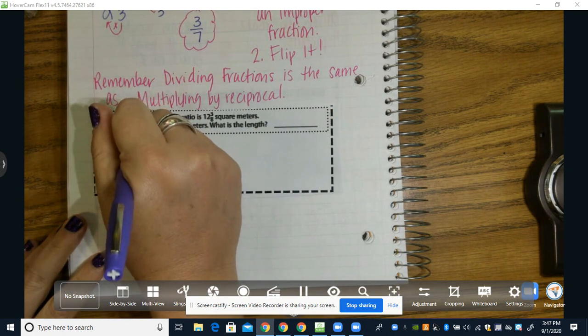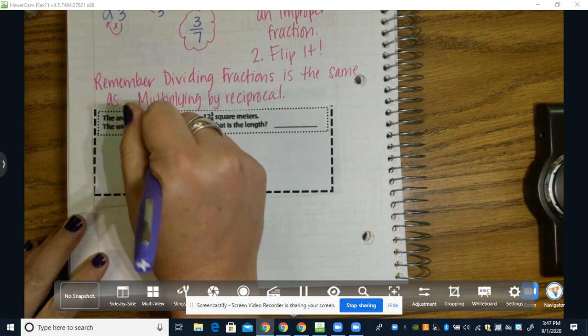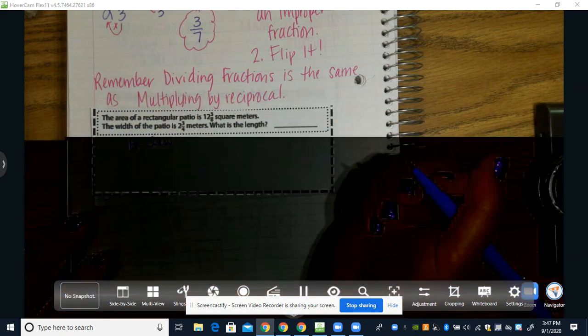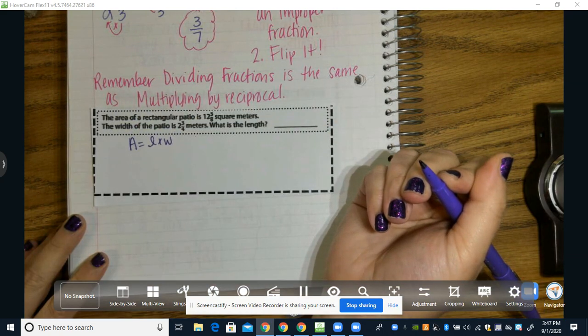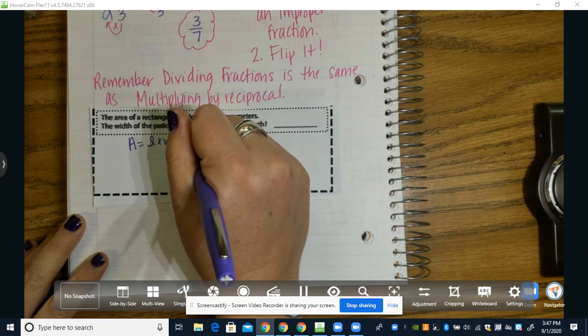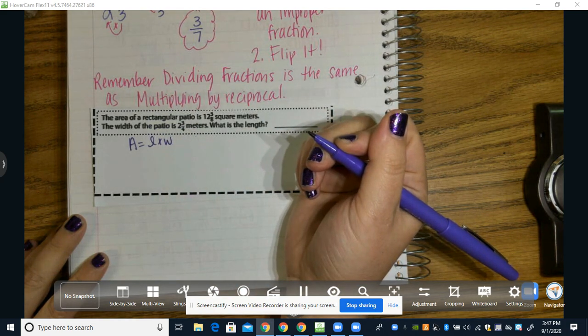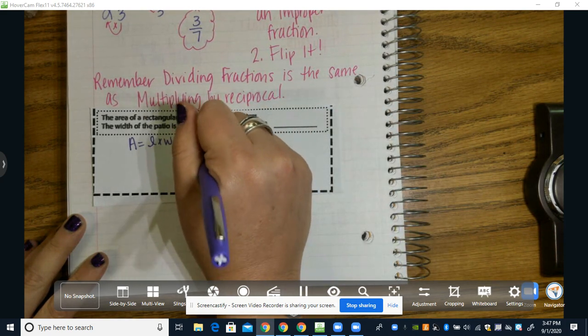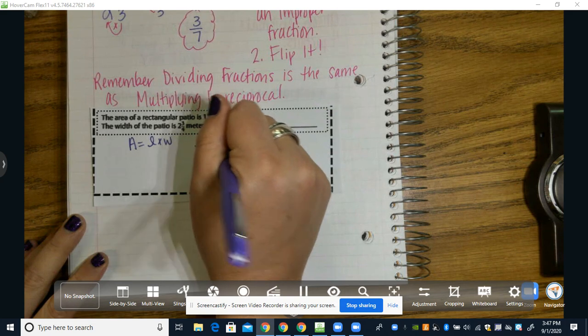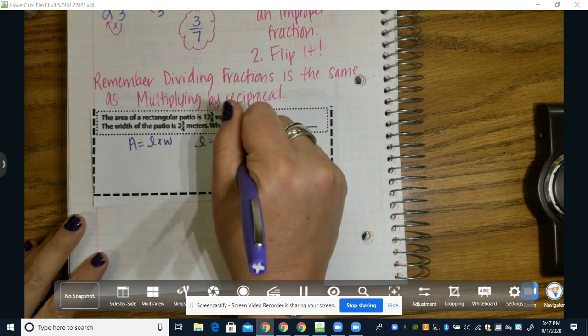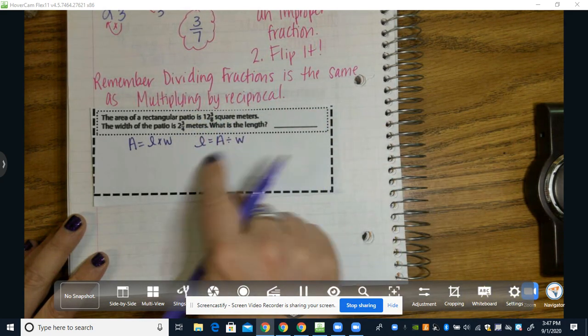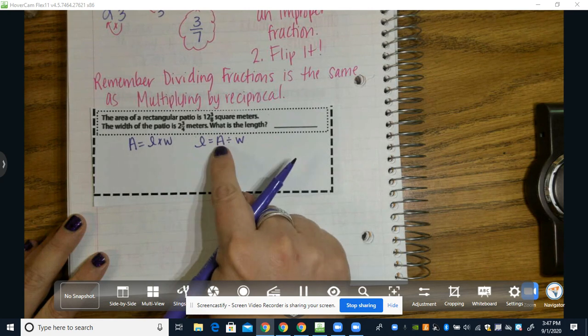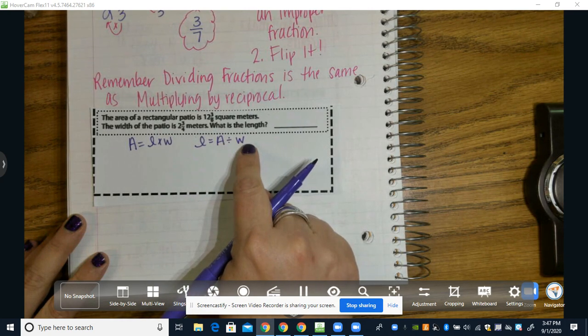So my area is equal to length times width. Okay, but I have my area, and I need to find the length. So I do the opposite of multiplication, which is division. So to find the length, I take the area and divide it by my width. Same thing would happen if you're finding your width. You would take your area and divide it by your length.